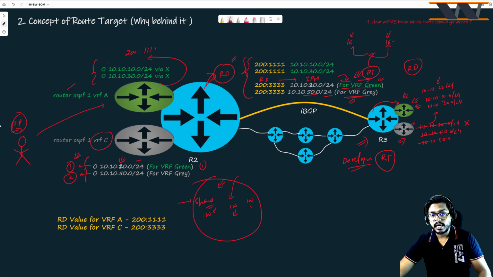Why? Because RD alone was not capable of meeting all the requirements of Prashant Patil G at the destination, right? And that is why, how we are going to send a route to the respective VRF, we are choosing on the basis of RT. But if you want to distinguish routes, we are doing that on the basis of RD. It is as simple as that.